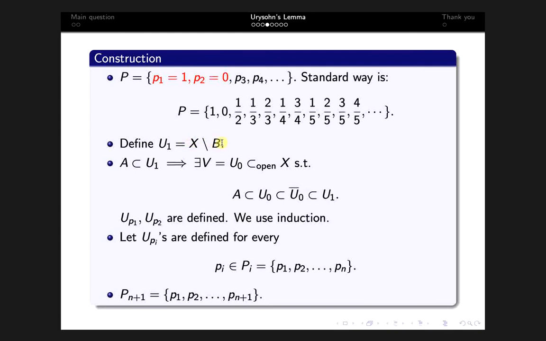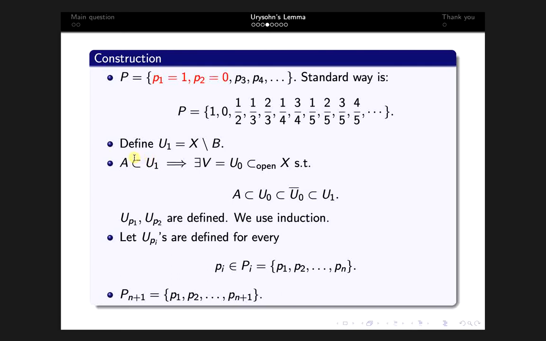So U1 is open, and for p1 this is now defined. Now note that A intersection B equals the empty set. Therefore A is contained in B complement, so A is a subset of U1.